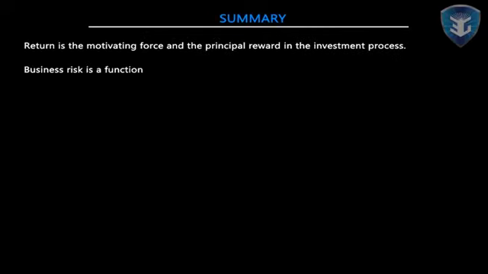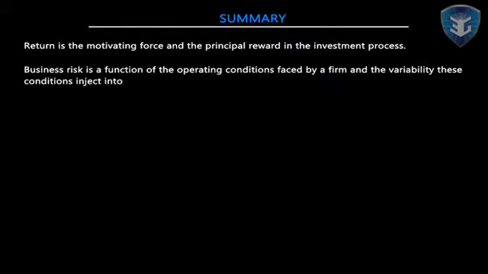Now, in the end, let us summarize what we have learned in this lecture. Return is the motivating force and the principal reward in the investment process. Business risk is a function of the operating conditions faced by a firm and the variability these conditions inject into operating income and expected dividends.